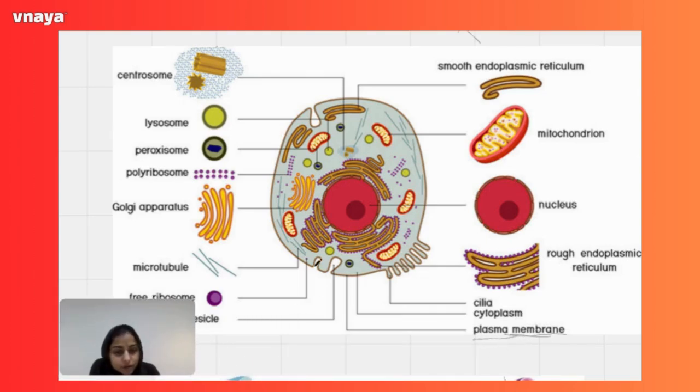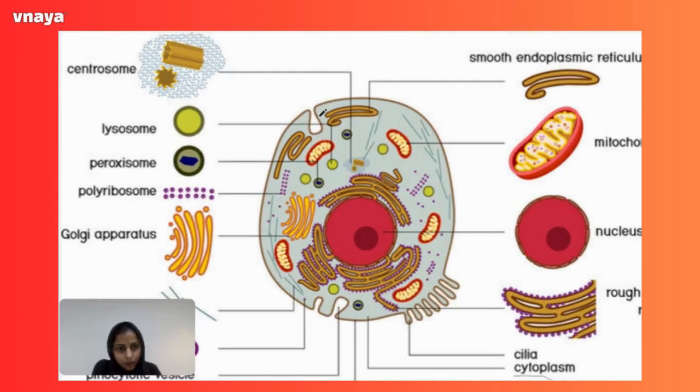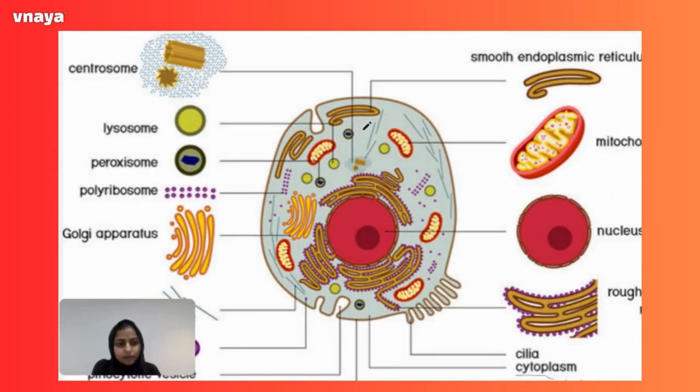After the plasma membrane, you can see this gray ground matter over here inside the cell. That is the cytoplasm, which is actually the jelly-like fluid inside the cell, in which all the membrane-bound organelles will be present.